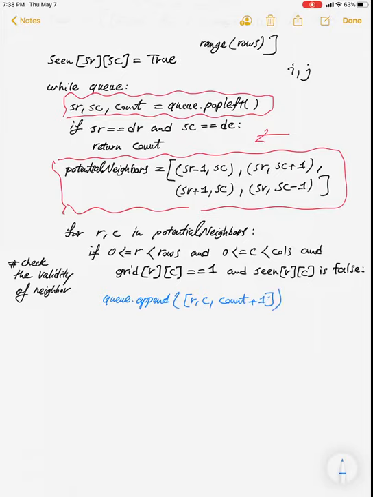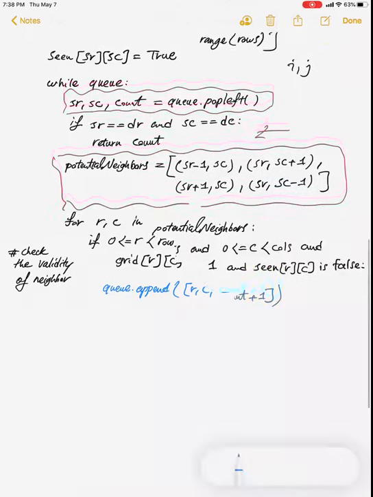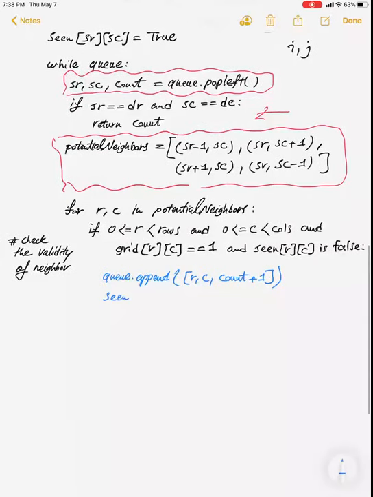Okay, as you can see, now we are populating all the neighbors. If they are valid, we add the neighbors in the queue and we increase the count. Whenever you add to the queue, it means you visit it, so you have to update the seen. It is really important.